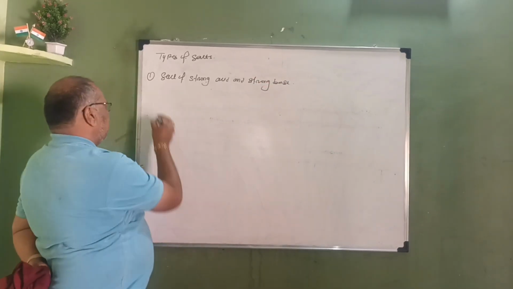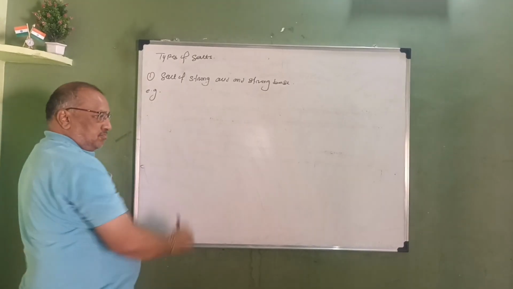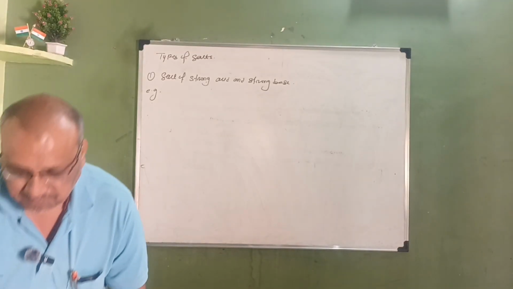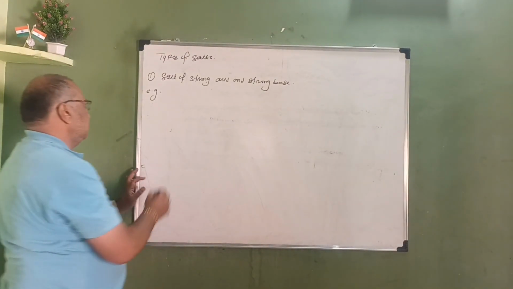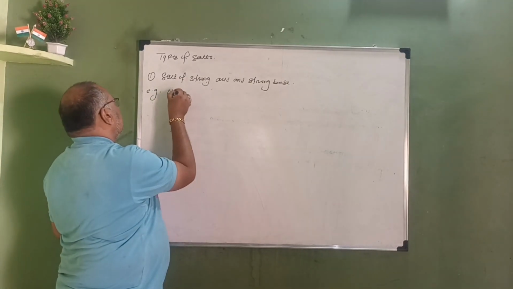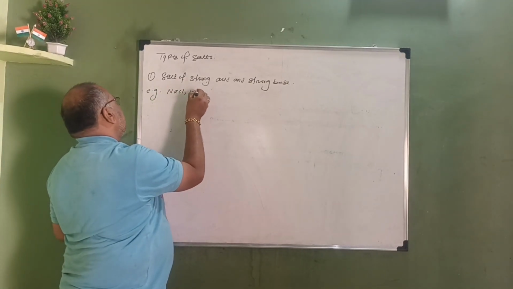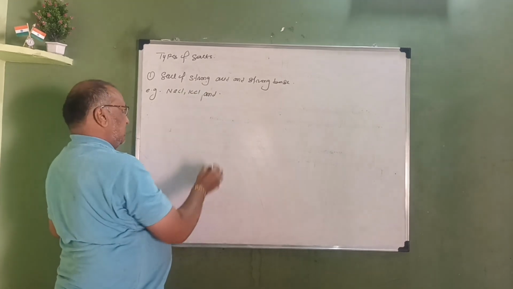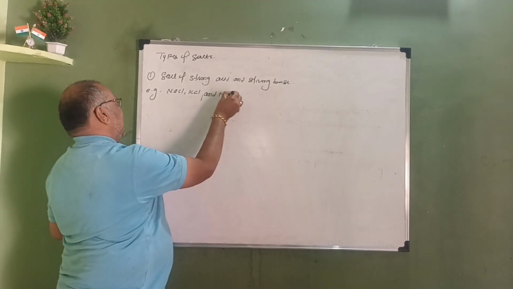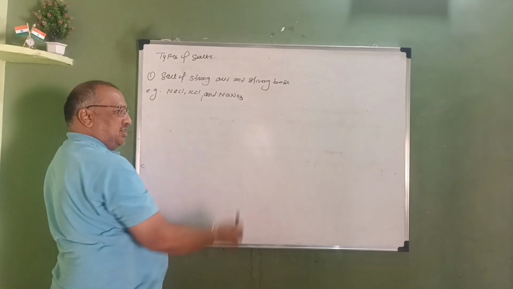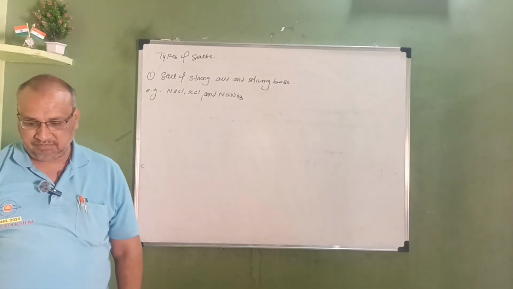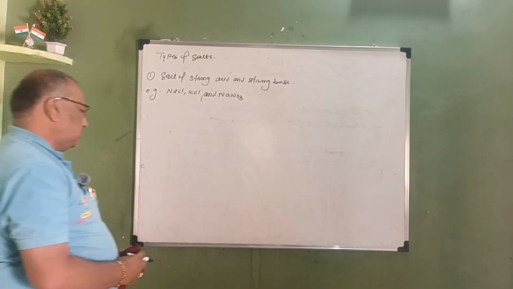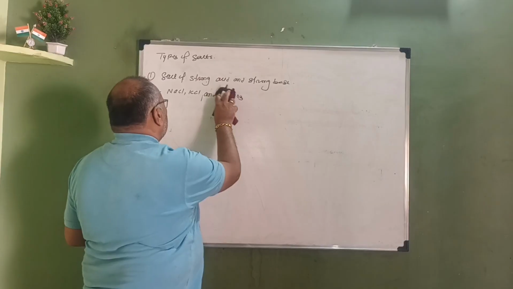Examples are NaCl, KCl and NaNO3 etc., Na2SO4 also.